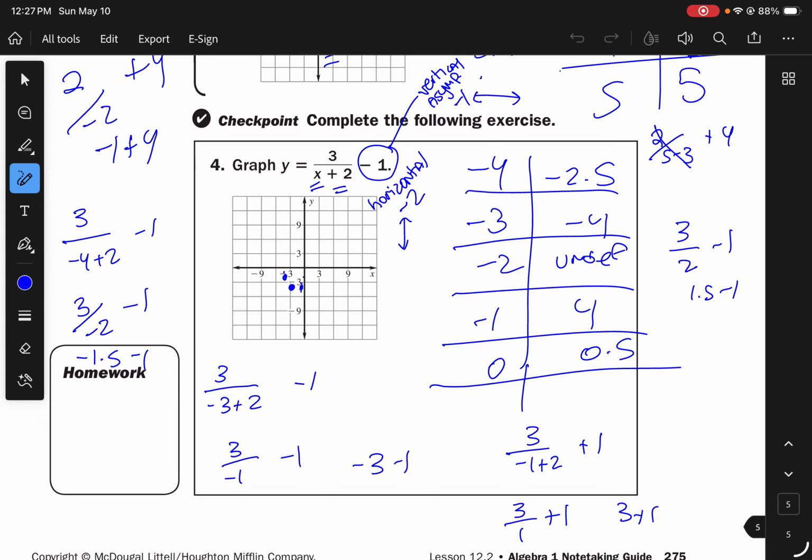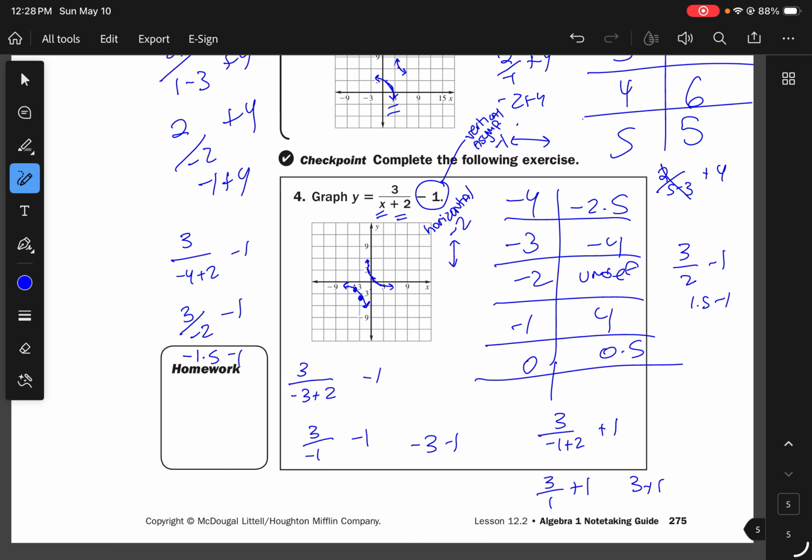Sorry about that. Now you see why I never use the iPad. All right, at negative 1, I'm at 4, and at 0, I'm at 0.5. So we're looping this way. And it does go down here. I know that because the line that it doesn't touch is at negative 1. And then it loops here. And that line it doesn't touch there is at negative 2. All right, perfect. Go ahead and complete the next task.